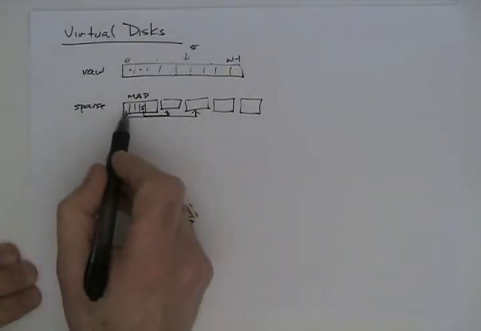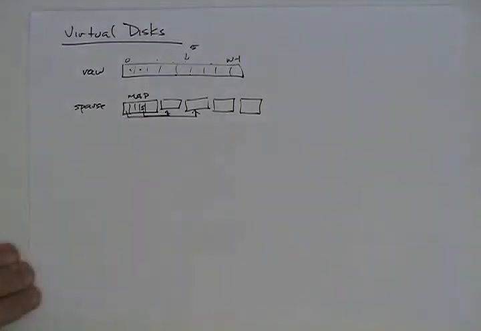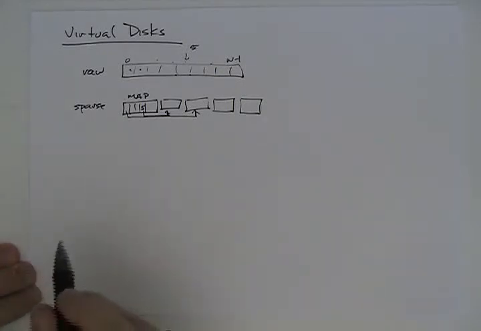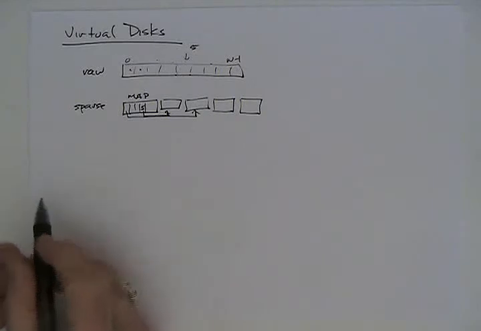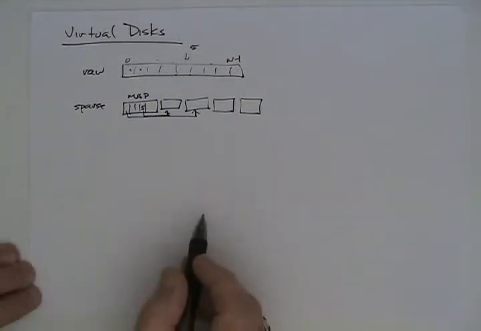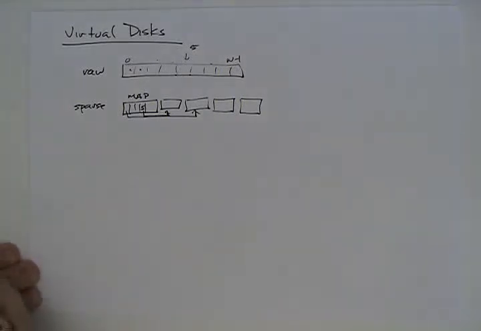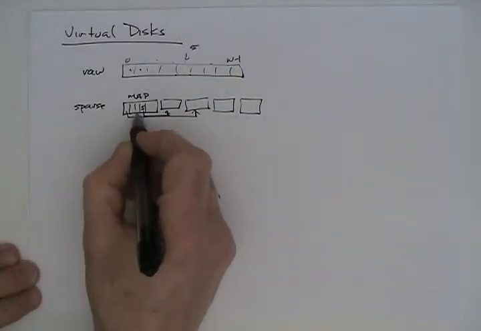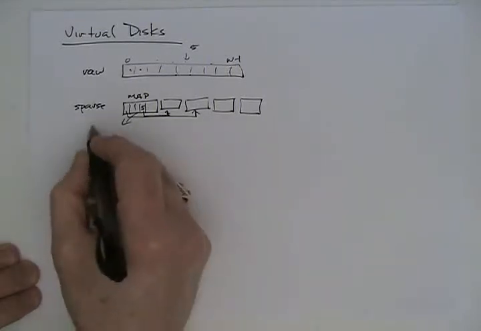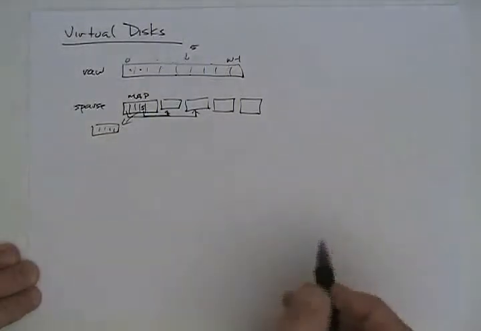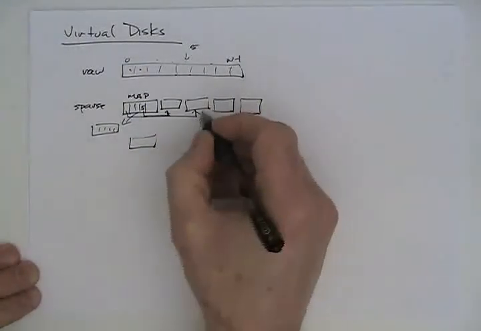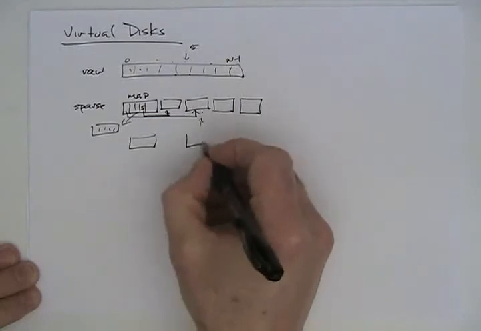And what this allows us to do as well is to create a snapshot by using copy on write. So if we want to preserve the state of the disk, we can make a copy of this map, and then whenever we are going to modify one of these, we make a copy of it.